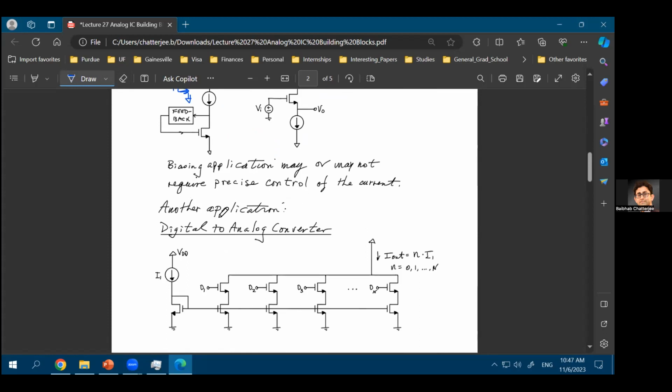For example, you can use these current mirrors when you are trying to create digital to analog converters. So what is meant by digital to analog converters, or DACs? You may have heard this terminology, that digital to analog converters convert digital signal to analog signal. Real world signals are always analog.